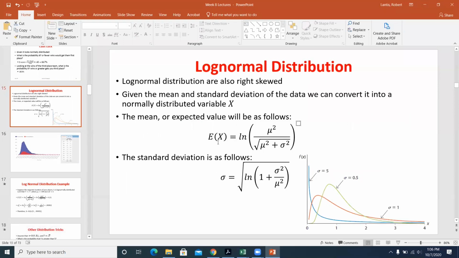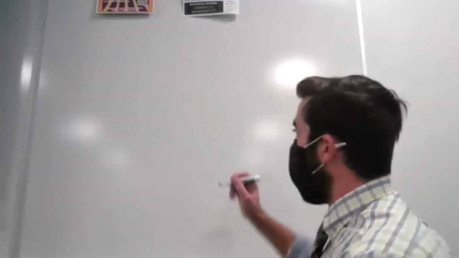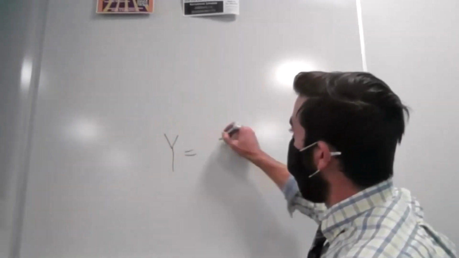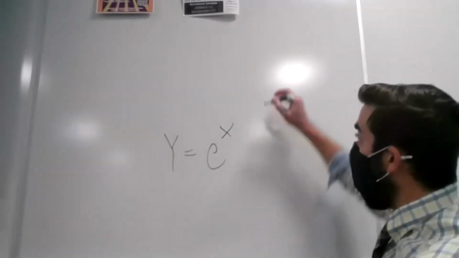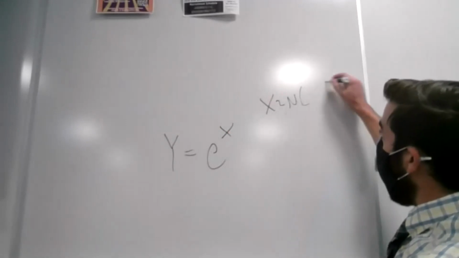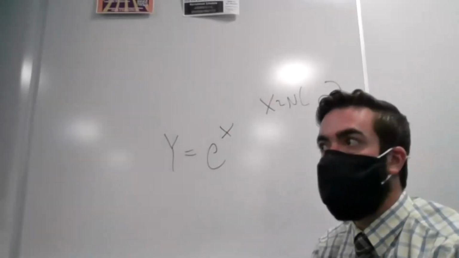Also do a little bit of review of this log normal, right? So the idea that we kind of started out here was, I have this variable y. That's what I see in the data, okay? I know that it's log normally distributed. So if it's log normally distributed, that was when we said that whatever variable y I have is equal to e to the power of x. Now x, we know, was a normal distribution, right?